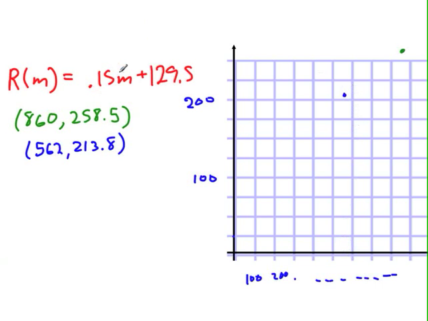And then we also know that if we go 0 miles, we're going to be spending 129.5. So that is going to be about right here. So if we take this line, hopefully we did a pretty good job. Well, sort of. Some of the points may not be exact, but we can always make them exact. So that would be the graph. And make sure you label these. So this was miles, and this is my revenue.